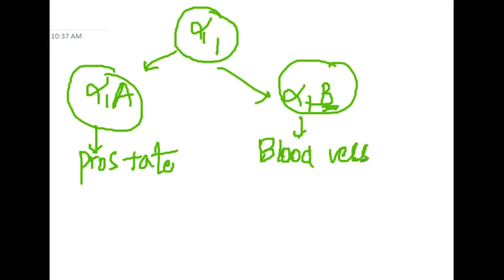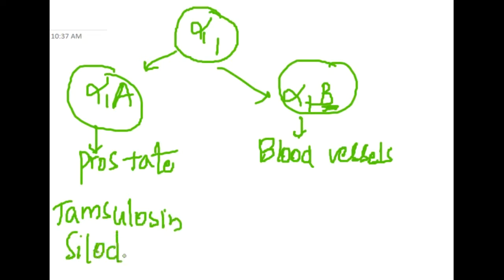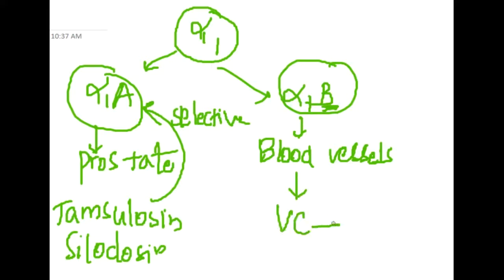Drugs like tamsulosin and silodosin are mainly alpha 1A selective, and thus they act on the prostate, but they do not act on alpha 1B. When alpha 1B receptor is activated in blood vessels, it causes vasoconstriction and thus increases blood pressure.